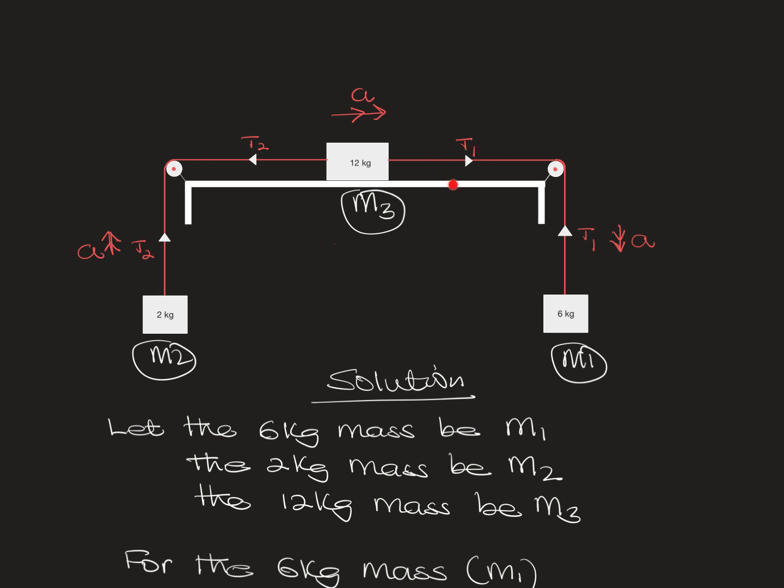So the two forces acting on the 12 kilogram mass to make it accelerate along the table are T1 and T2. For it to move towards the right, tension 1 must be greater than tension 2. Okay.